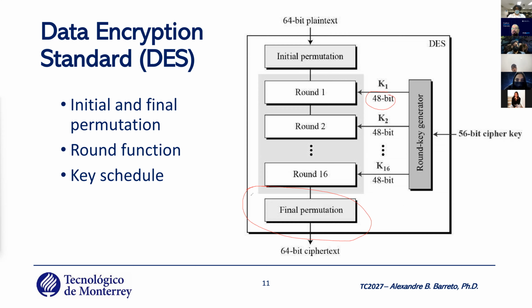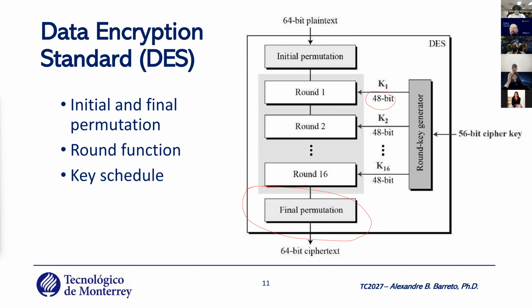Remember, you make an initial permutation. It's not exactly the same permutation that you have in the Feistel. In this case, you have a table, and you make the permutation with it. Then you split the data to left and right, and you start round one.